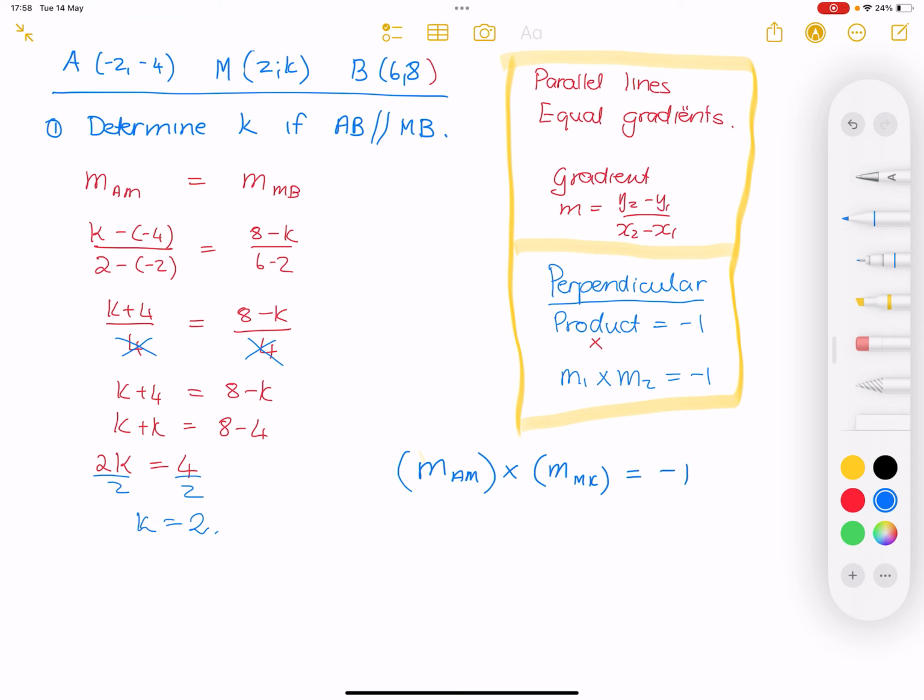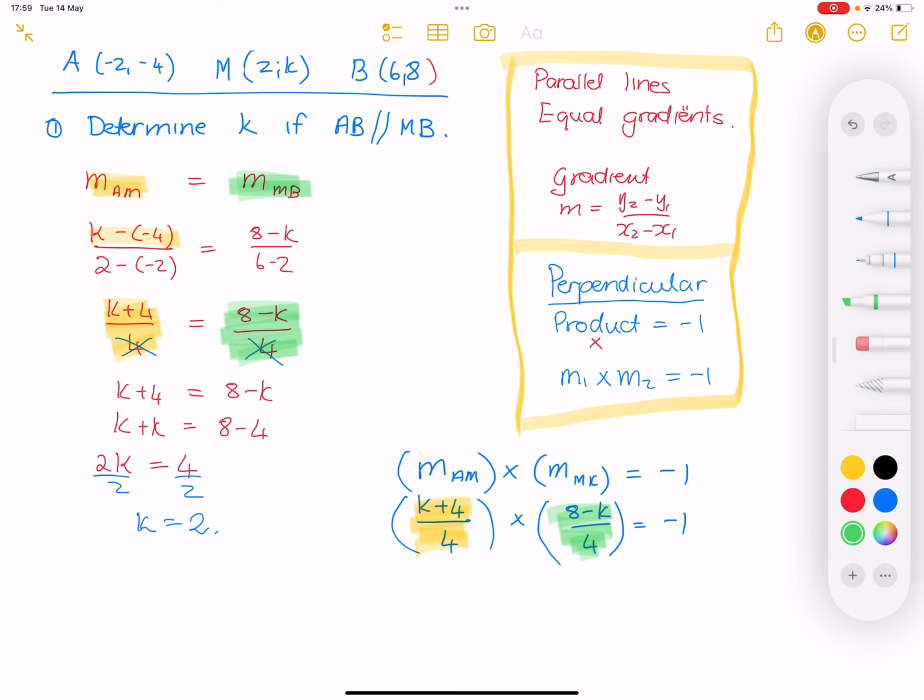We've worked out that the gradient of AM here is k plus 4 divided by 4, and then times the gradient of MK, which is 8 minus k over 4, is equal to negative 1. The gradient of AM is there, and the gradient of MB is there, and that's where I got it.